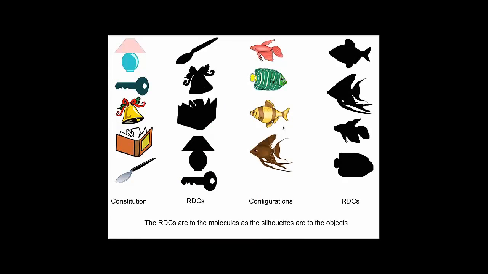I apologize because I don't want to offend your intelligence, but I found this a very nice example. Probably many of you, when you were kids, played this game that was in these magazines, the game of the silhouettes. If you have objects, and then you have their silhouettes, you have to choose which silhouette matches the object.